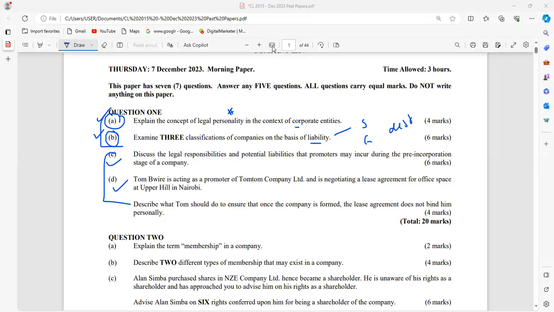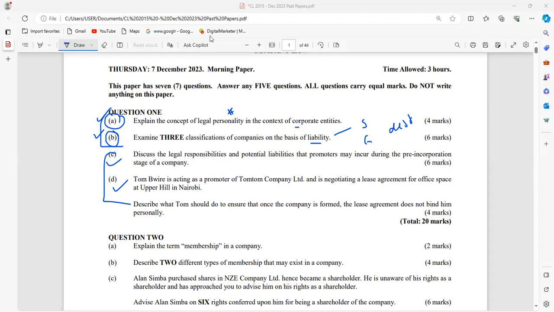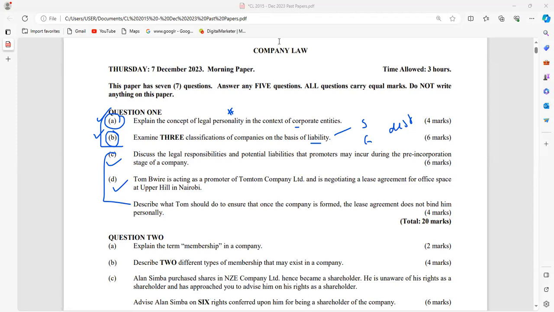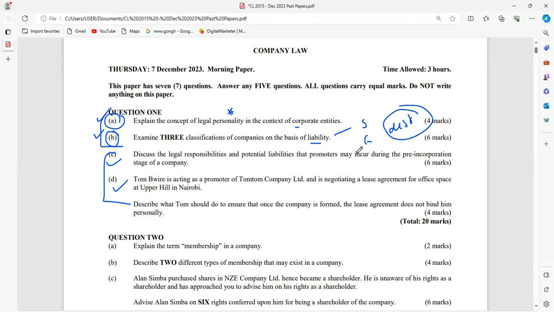Question 1B, examine 3 classifications of companies on the basis of liability. It's not on the basis of limited and unlimited. Yes, but limited and unlimited will just be covered under debt.